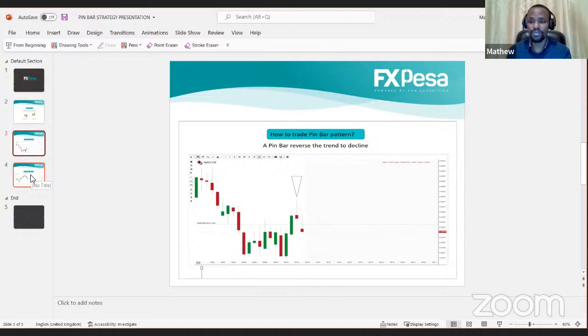Then what you should focus more on is the confirmation, the pattern which forms after the candlesticks which are formed.